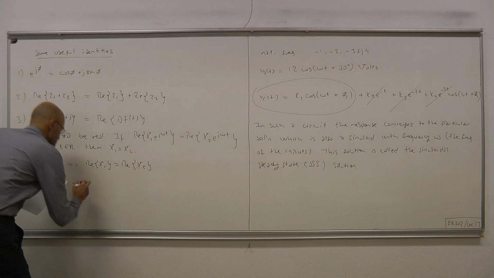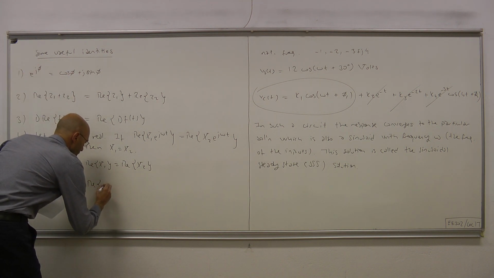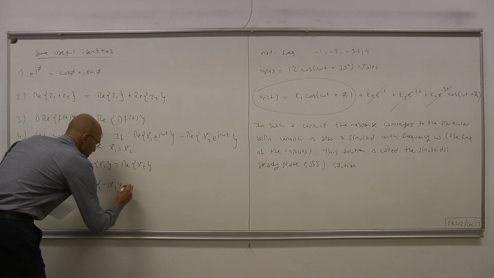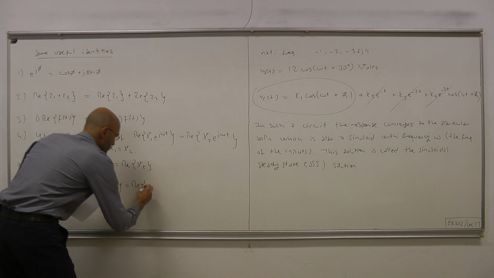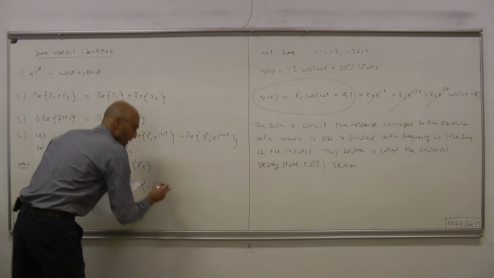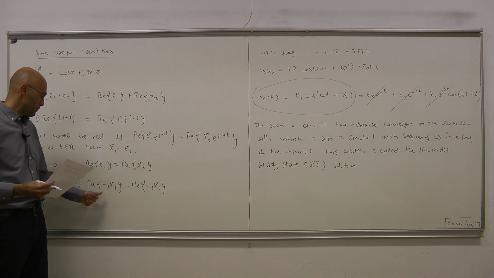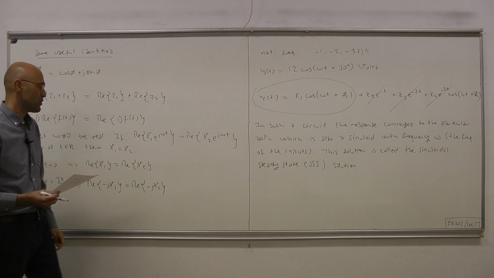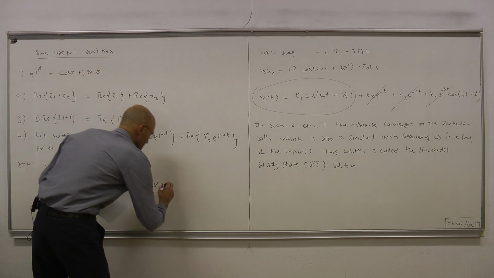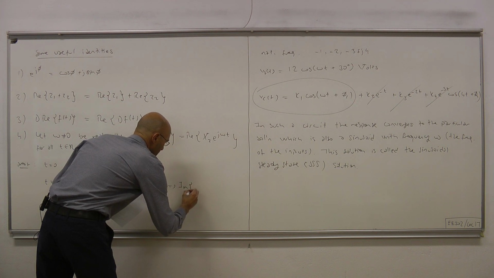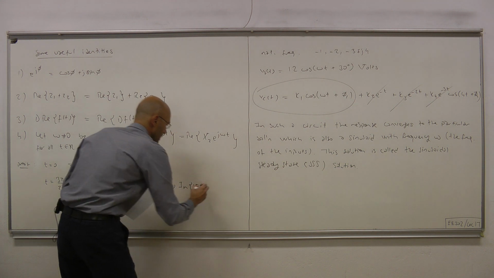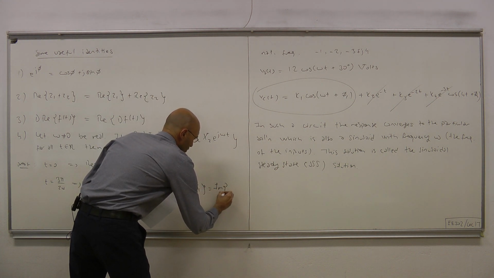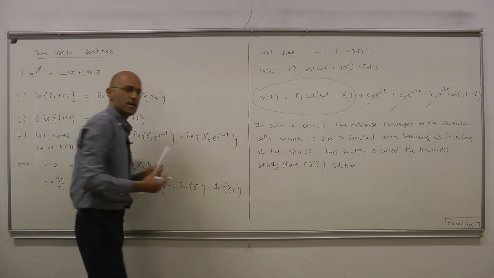That means the real part of minus j X1 equals the real part of minus j X2. Now the real part of minus j times some complex number is its imaginary part. Therefore, the imaginary part of X1 equals the imaginary part of X2.